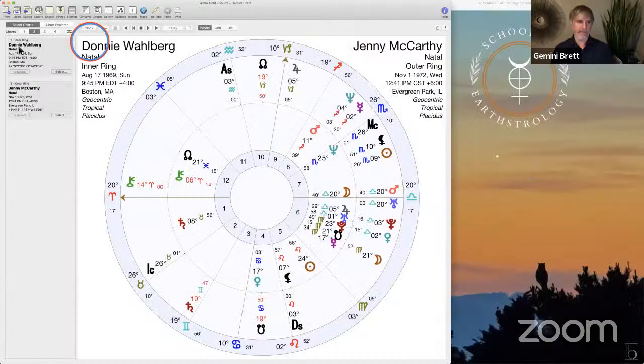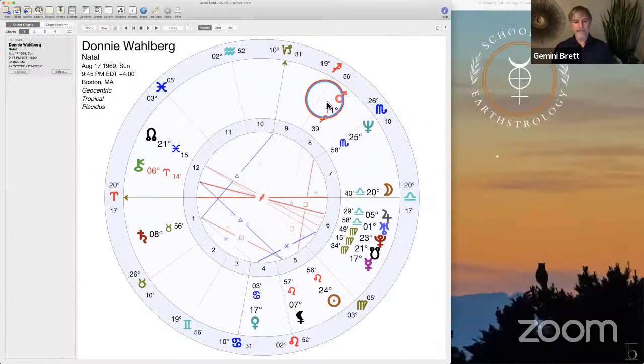Anyway, let's do the same thing for Donnie Wahlberg, who has Mars and Venus representing his first and seventh respectively, and they are separated by what? 150 from Venus would take me to 17°03' Sagittarius. I'm going to subtract 6, so 150 minus 6.